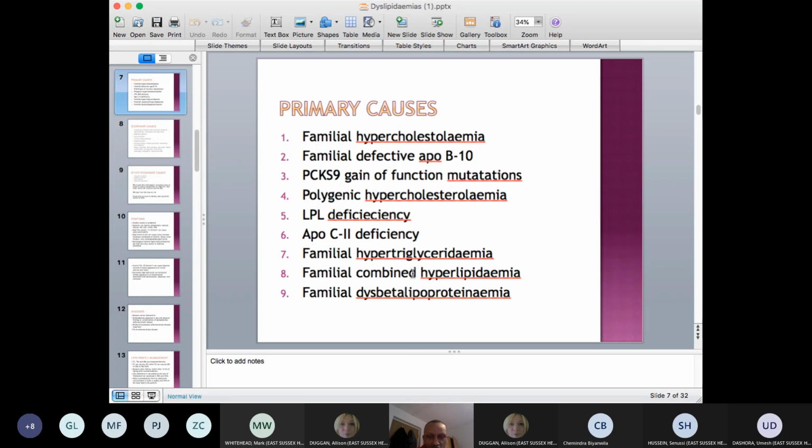There is the familial defective lipoprotein, there is the PCSK9 gain of function, there is the polygenic hypercholesteremia, LPL deficiencies, different types. I don't think it's really very important for you to delve into or to know each of the types, but at least understand that the primary is mainly genetic, and it's based on either there is a defect in clearing or there is overproduction.